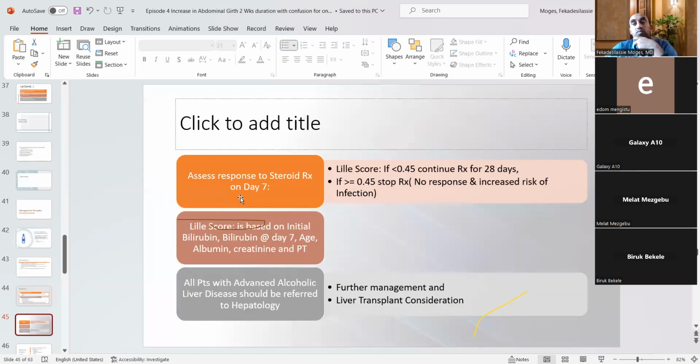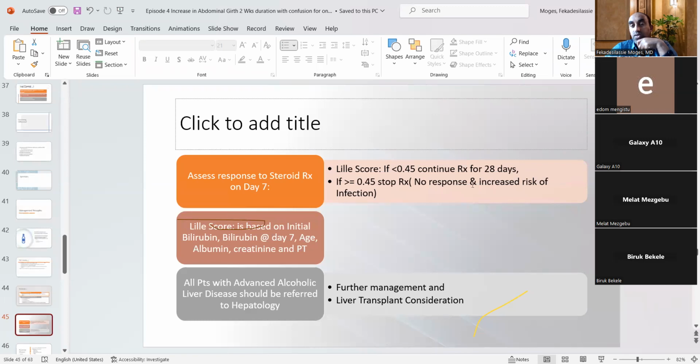And response to steroids has to be reassessed after 7 days, and there is a score called the Lille score. So MDCalc would help you to calculate Lille score. And if Lille score is less than 0.45, continue treatment for 28 days. If it is more than 0.5, that means these patients are not responding to steroid.